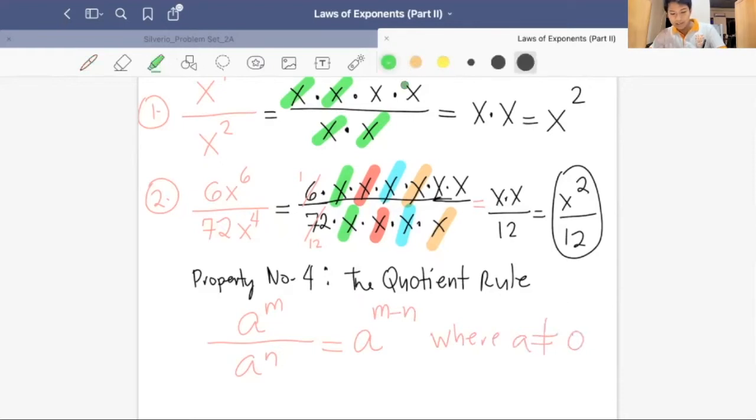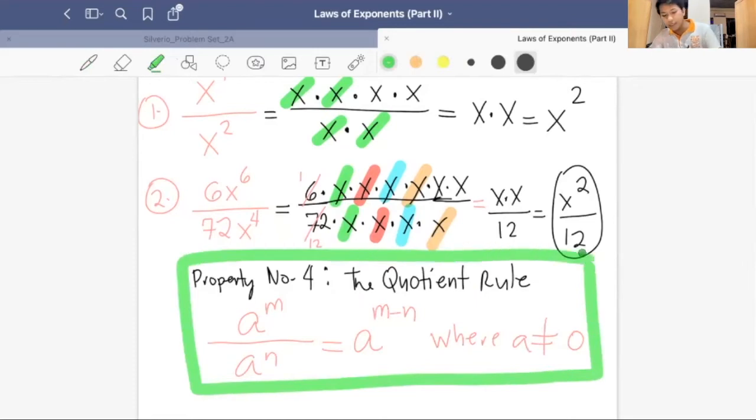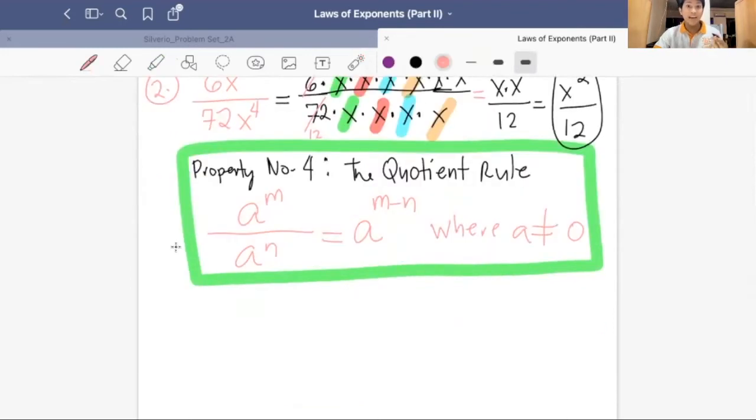Let's enclose this with a box because this is our property number 4, the quotient rule. Again, take note that it is always the numerator's exponent minus the denominator's exponent. Okay, so let's have another example and we will apply the quotient rule.